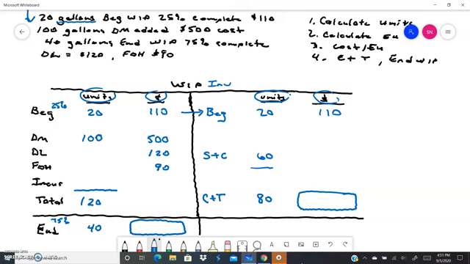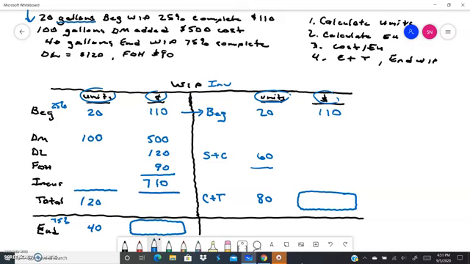So let's think about costs. How are we going to allocate our costs? Well, first of all, we know what our total costs are, right? We've got $500 of direct materials, 120 of direct labor, 90 of factory overhead. So we know that we've got 710 of manufacturing costs incurred during the period.